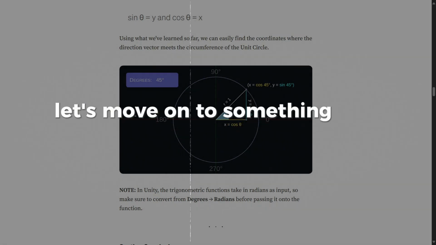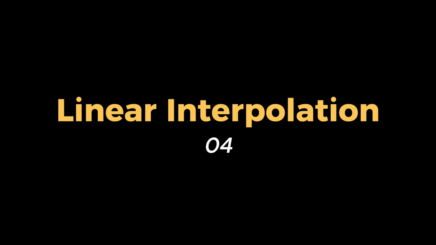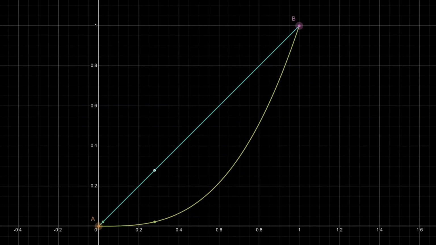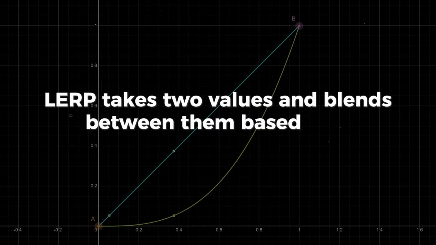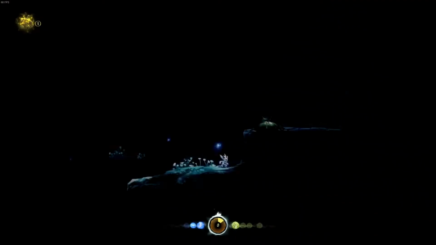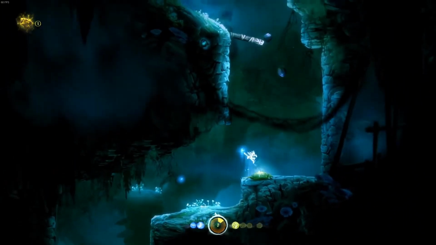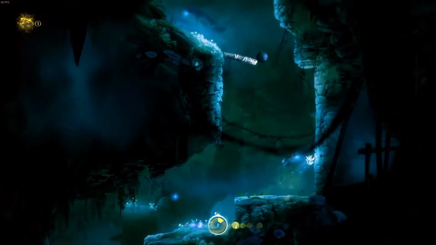So, let's move on to something just as important: linear interpolation, or LERP for short. LERP is a way to smoothly transition between two values over time. In simple terms, LERP takes two values and blends between them based on a percentage. A few places where you will find yourself using LERP in game development are to make smooth movement.